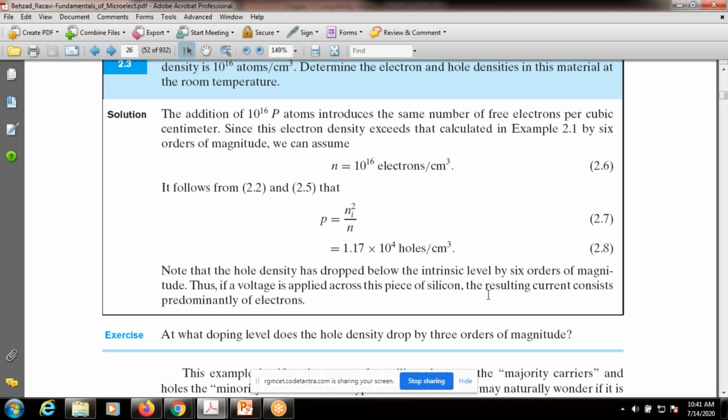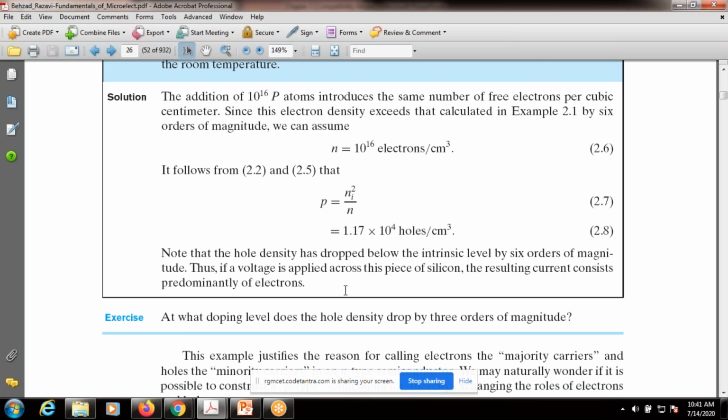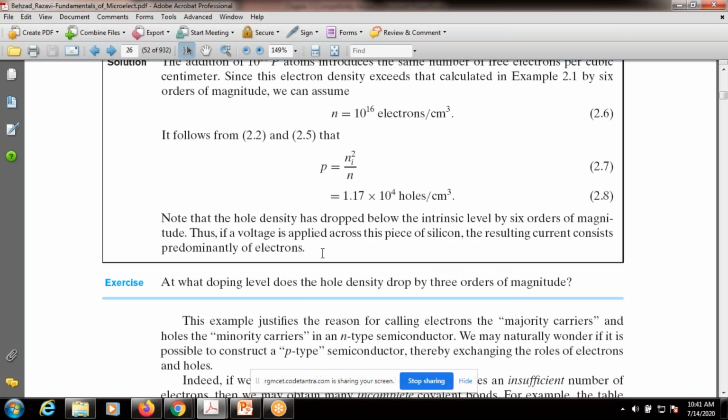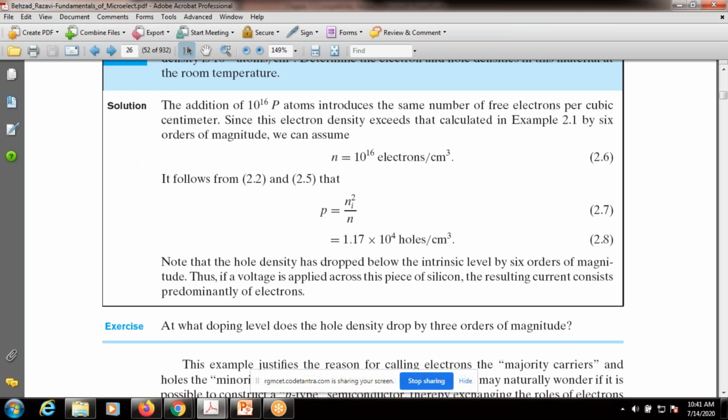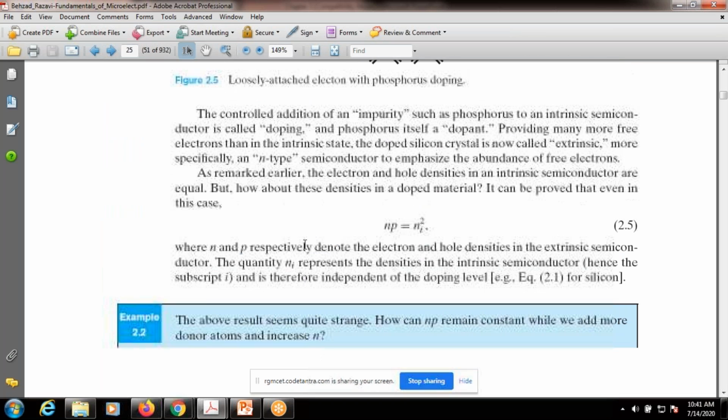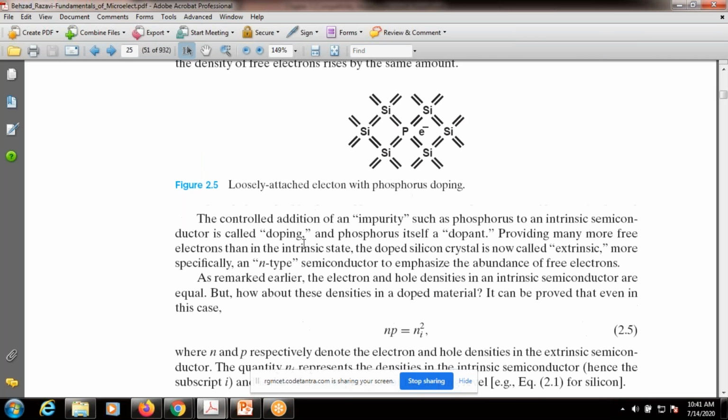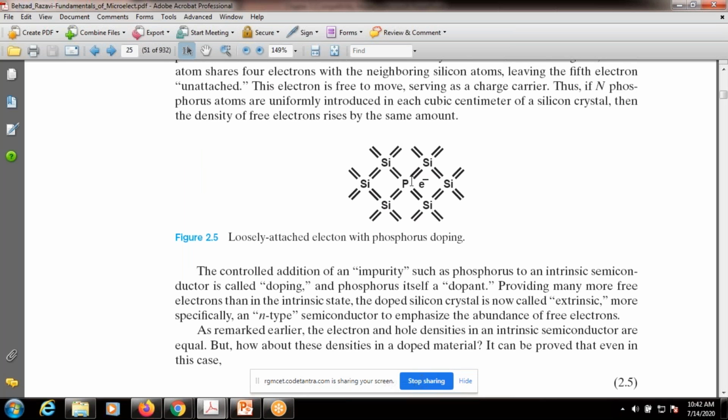So current conduction takes place due to both, no doubt, but the majority carrier is electrons. So that is about the n-type extrinsic semiconductor, right? Here the procedure is we are adding fifth group elements, also called pentavalent group elements, into the silicon lattice.